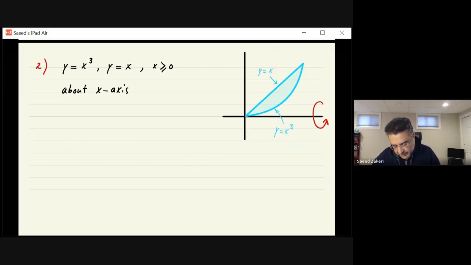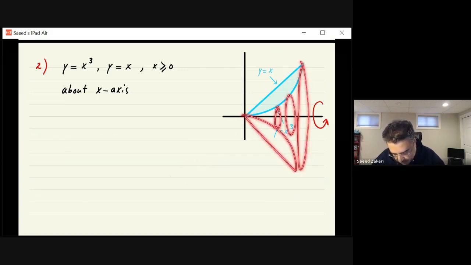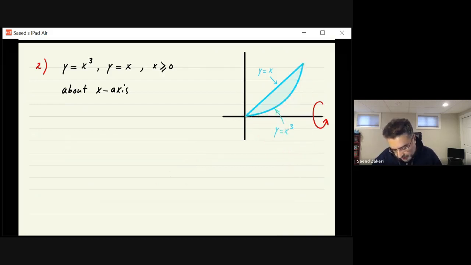And I'm going to take this region, and I'm going to rotate it around the x-axis. So you can imagine that if you take this region and rotate it around the x-axis, you get something like this. It's going to be something like some kind of a cup or ball.